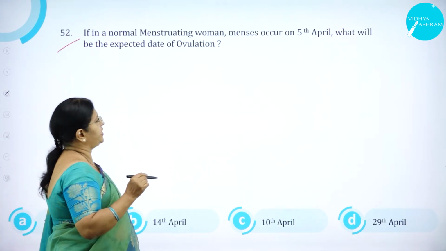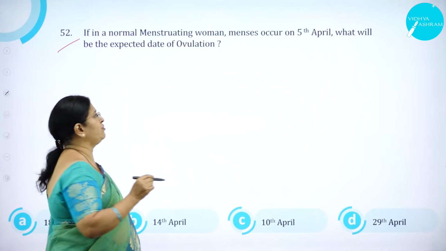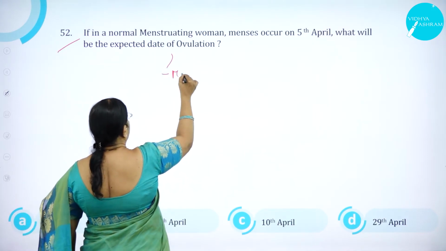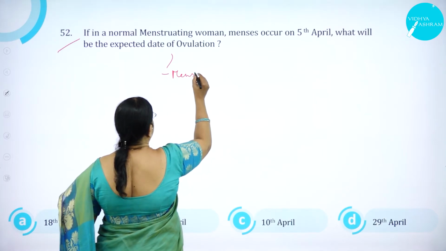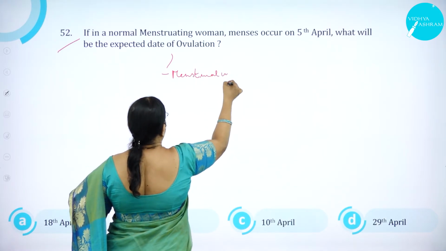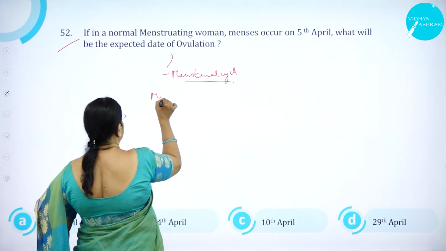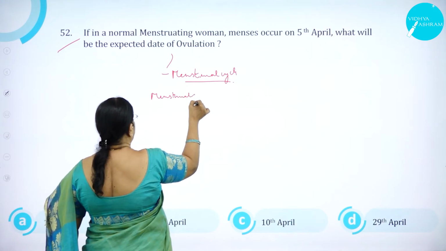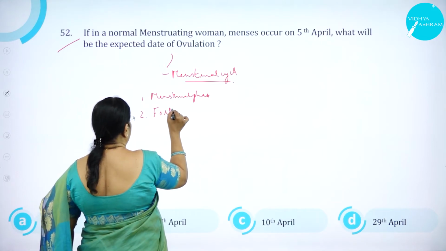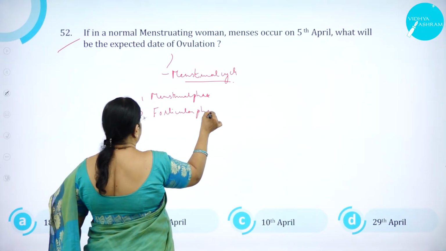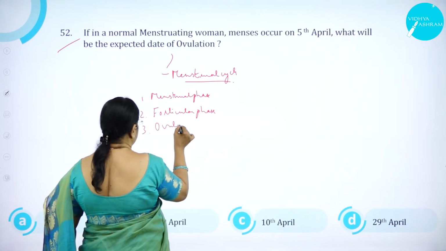52nd question. In a normal menstruating woman, menses occur on 5th April. What will be the expected date of ovulation? You have come across the menstrual cycle. The first 5 days is called the menstrual phase. The second one is the follicular phase. The third one is the ovulatory phase.